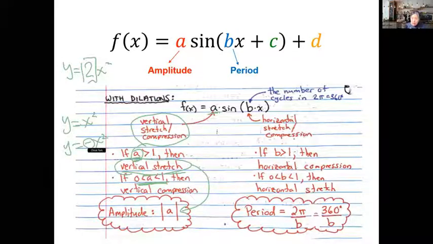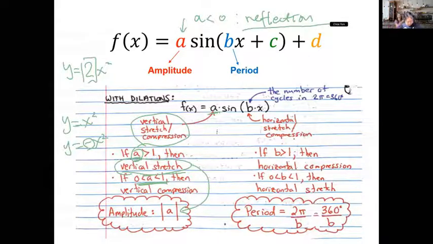The negative value in front of the function equation involves reflection over the x-axis, right? So if A is less than 0, it probably involves reflection, okay?